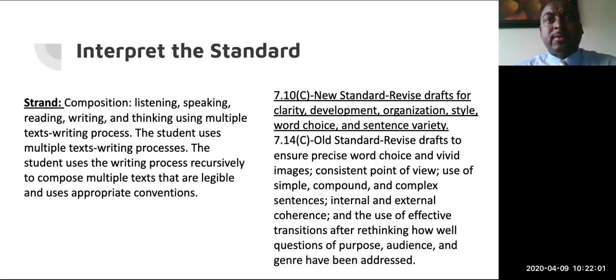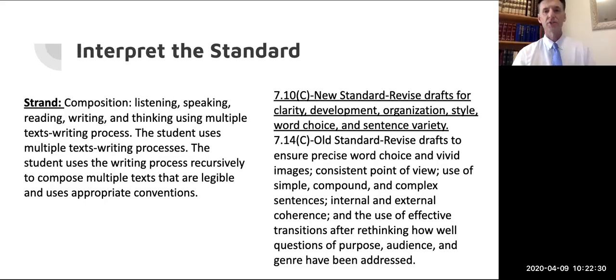And then the old standard, 7.14C, said: revise drafts to ensure precise word choice and vivid images, consistent point of view, use of simple, compound, and complex sentences, internal and external coherence, and the use of effective transitions after rethinking how well questions of purpose, audience, and genre have been, and I can't see the very last. Can you see the very bottom? Yeah, addressed is the last word.